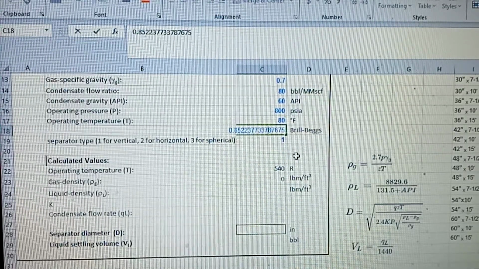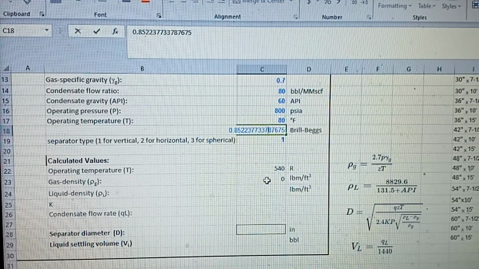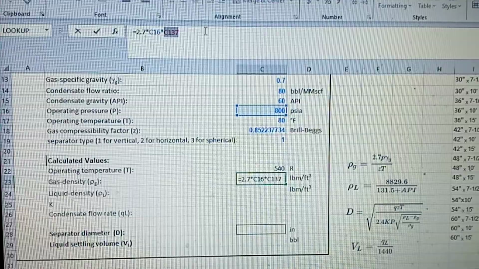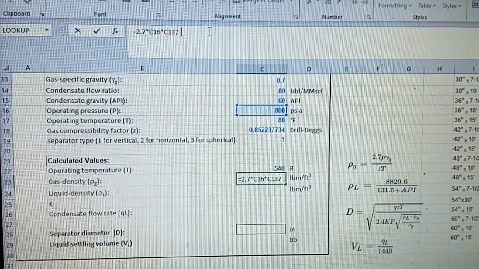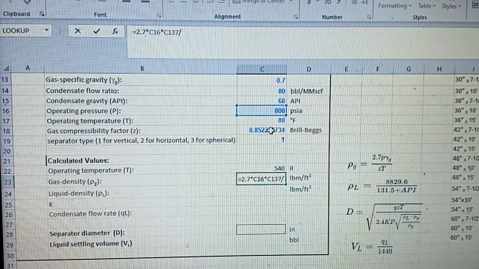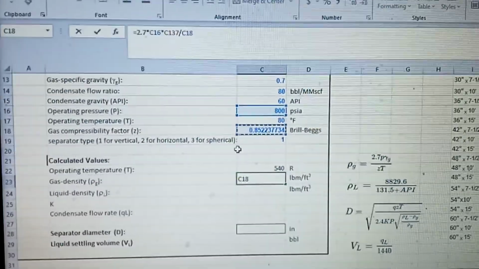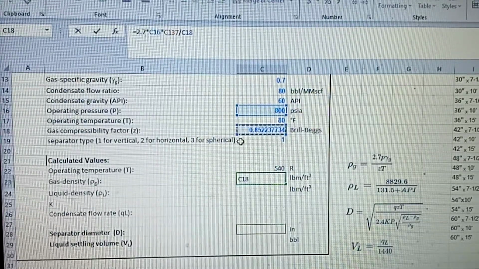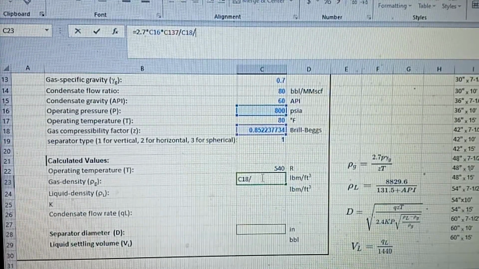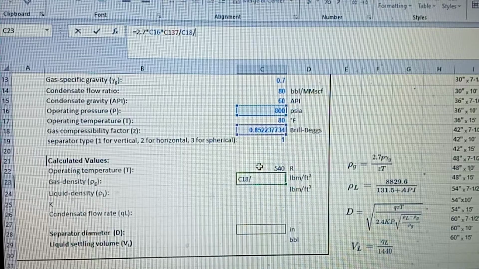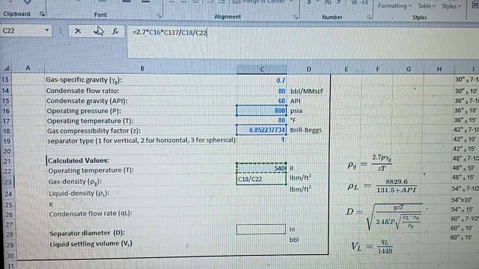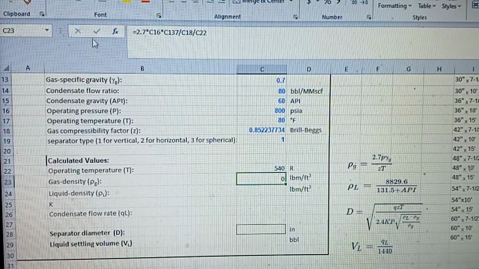Then slash again, the temperature in Rankine, which is this C22. That should give me my density.